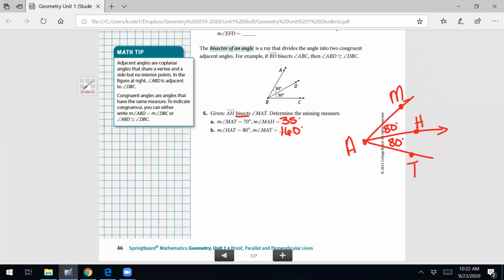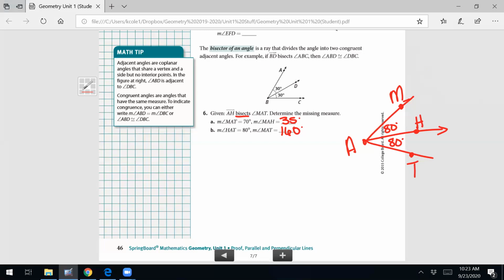All right, page 47. 47 says you can use definitions, postulates, and properties of algebra to determine the measure of angles. Example A. If ray QP bisects angle DQL, the measure of angle DQP is 5x minus 7, and the measure of angle PQL is 11 plus 2x.